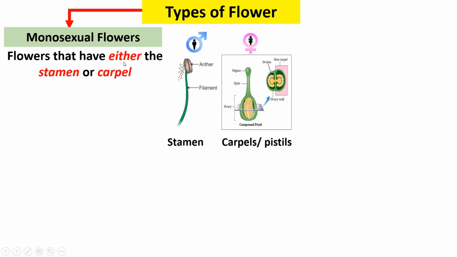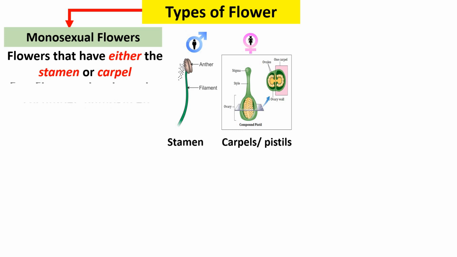Flowers that have either the stamen or carpel. So if a flower has a stamen, then it is called monosexual. If a flower has only carpel or pistil, then that is also called a monosexual flower. That means out of the two reproductive parts, if only one reproductive part is present in that flower, then that flower is called monosexual flower.